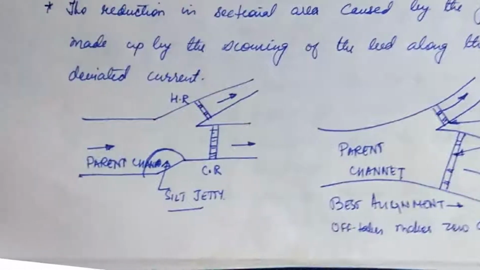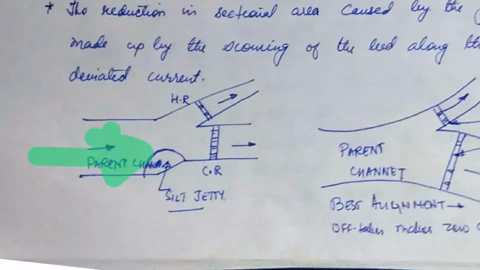And here also you can see a parent channel, and here the design is made in such a way that the alignment somewhat changes like this, and this is your parent channel and a cross regulator is applied here. Here this is your head regulator and this is your distributing channel.